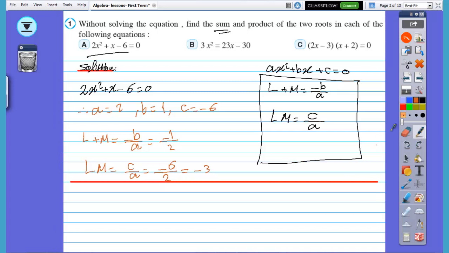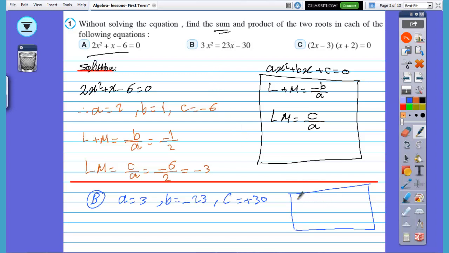We have here in B, we must determine the values of a, the coefficient of x squared, equals 3, and b equals negative 23, and c equals positive 30. It's better to put this equation in the form of equation equal 0.